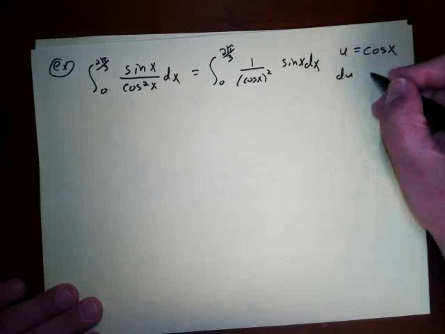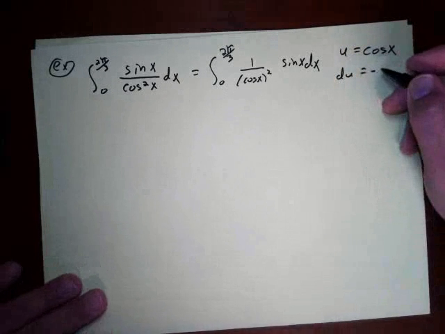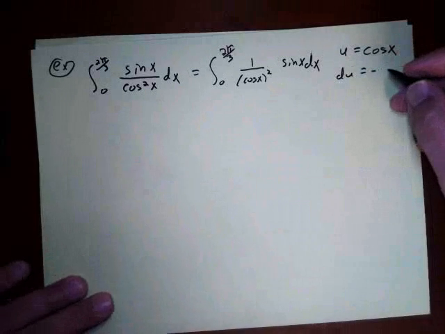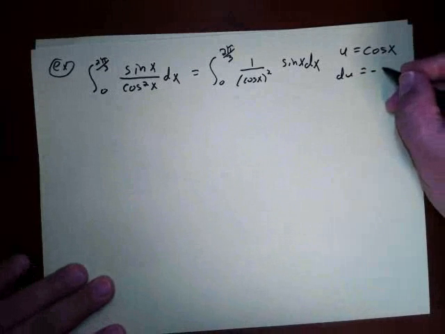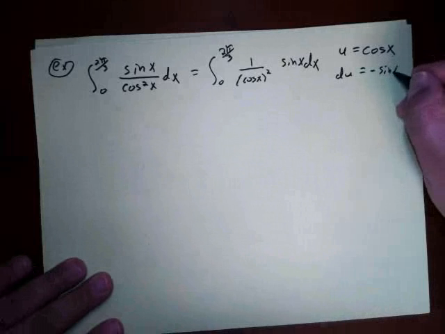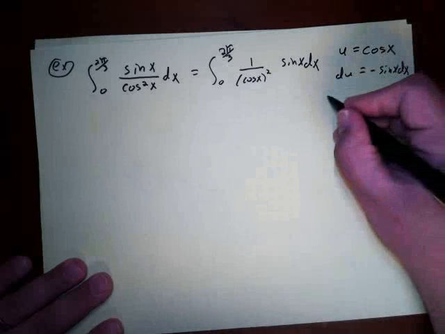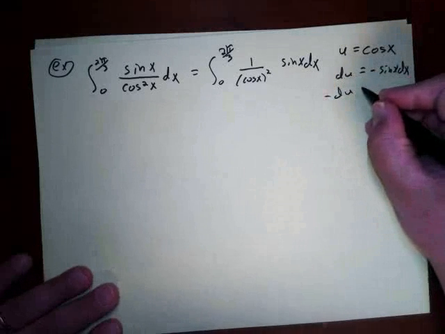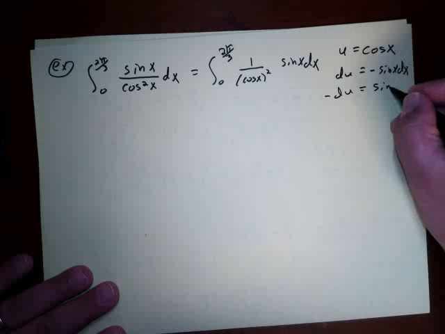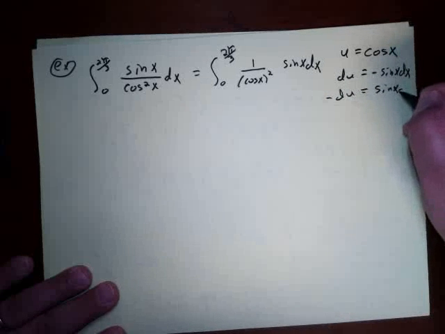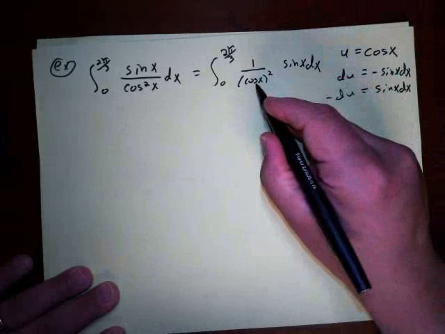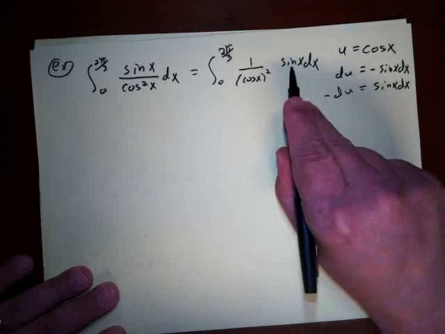So then my du would equal the opposite of sine x dx. So then I can move the negative sign to the other side. Negative du is equal to sine x dx. So I can plug my u into there.